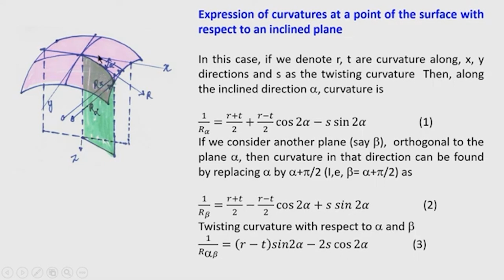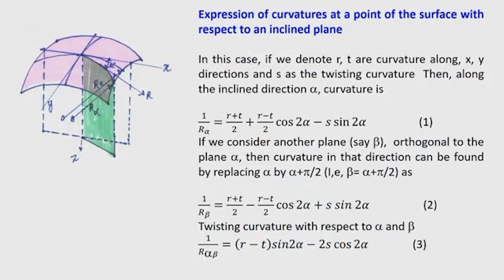If this direction is denoted by the n direction, we know the operator del by del n in terms of the cosine and sine of the angle, and the differential operators with respect to the x and y coordinates. When this operator is used to differentiate the slope del z by del x or del z by del y, we actually have to differentiate with respect to the new direction.